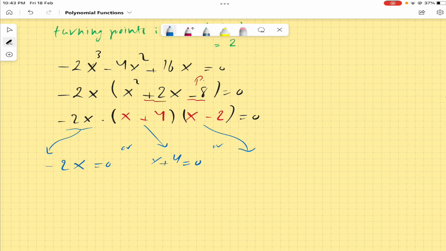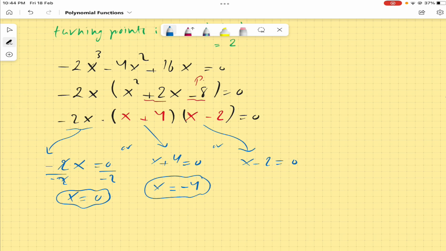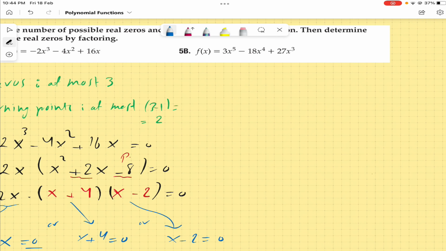From here, divide by -2, then x is equal to 0. From here, x equal -4. From here, x equal +2. These are the zeros of the function.